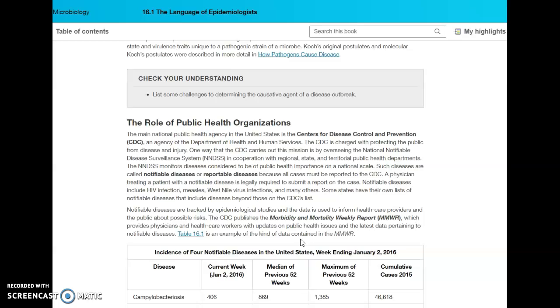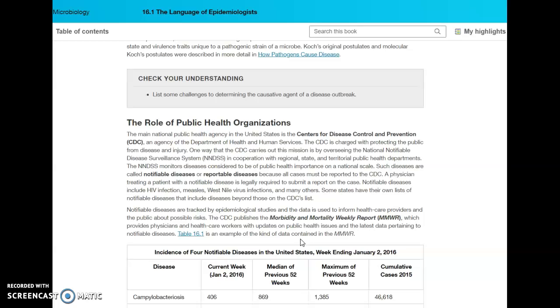And their goal is to protect the public from disease and injury. And there is a surveillance system called the National Notifiable Disease Surveillance System. And this coordinates regional, state, and territorial, so like Puerto Rico, Guam, public health departments. And they monitor diseases that are of public health importance.